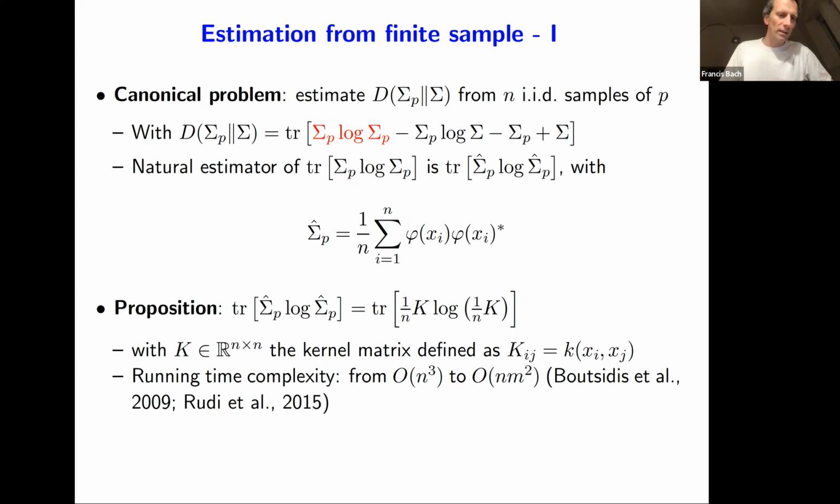This was a bit surprising to me because I've been playing around with eigenvalues of kernel matrices for quite a while, and I had never thought of computing this and relating it to entropy. So it's a curiosity-driven result where I'm not sure it's going to be useful for anyone.